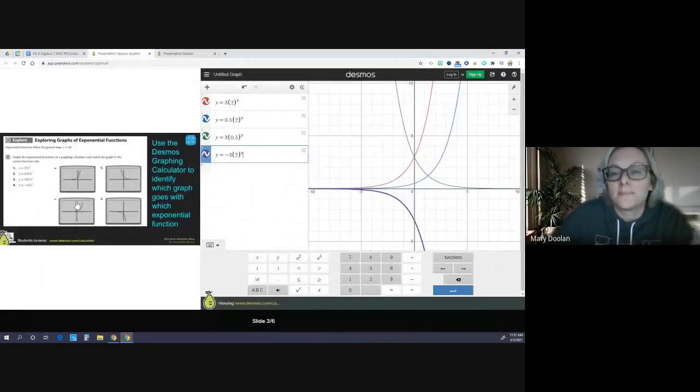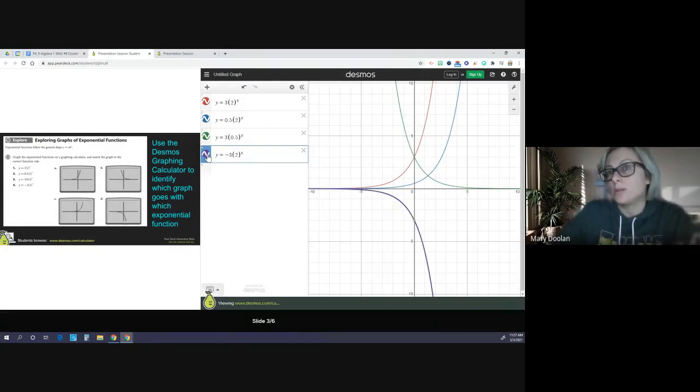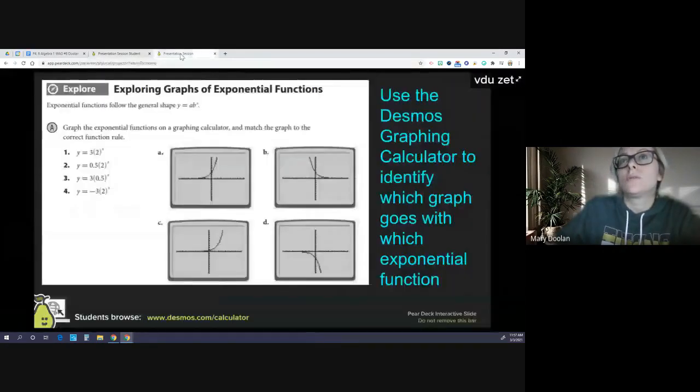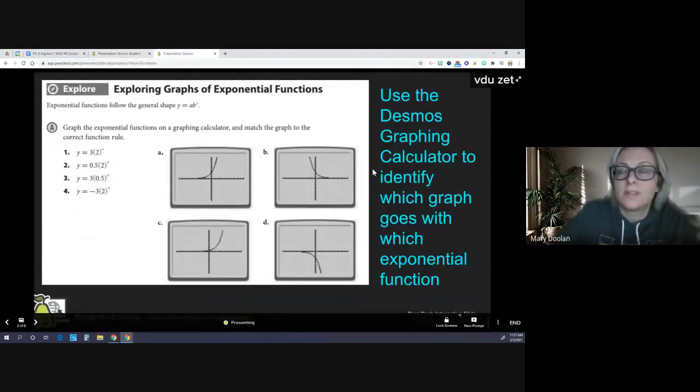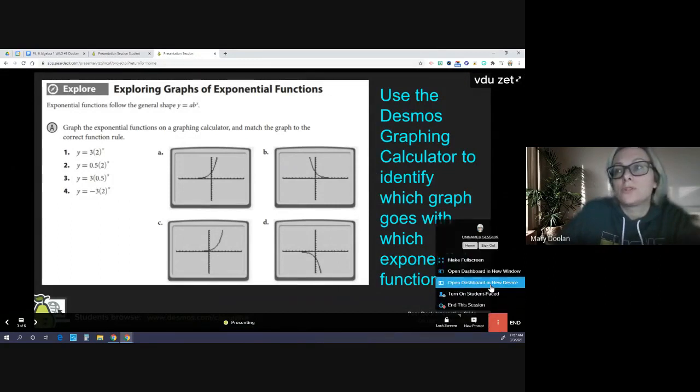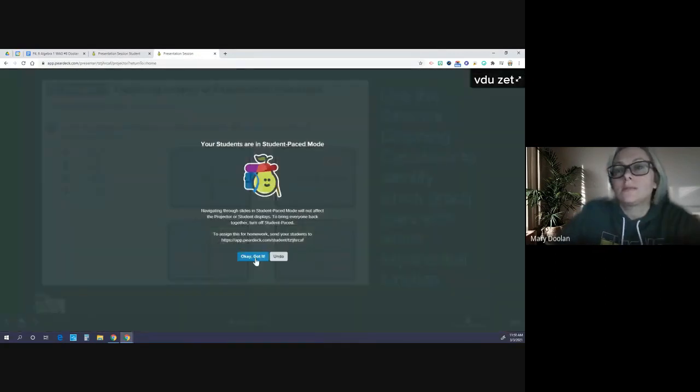Once you have those, you can toggle all those lines on and off. You have the colorful circle with the little white squiggle. If you click it, it makes the graph disappear. If you click it again, it makes your graph reappear. Once you get these all typed in, I'm going to put you on student paced.